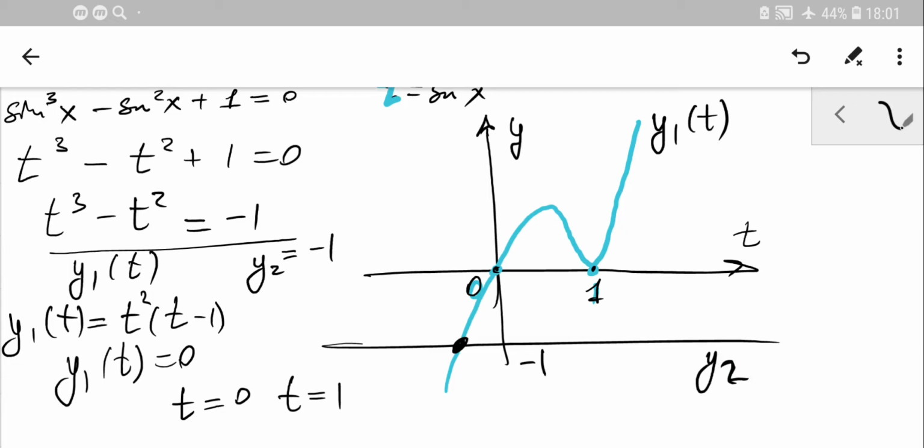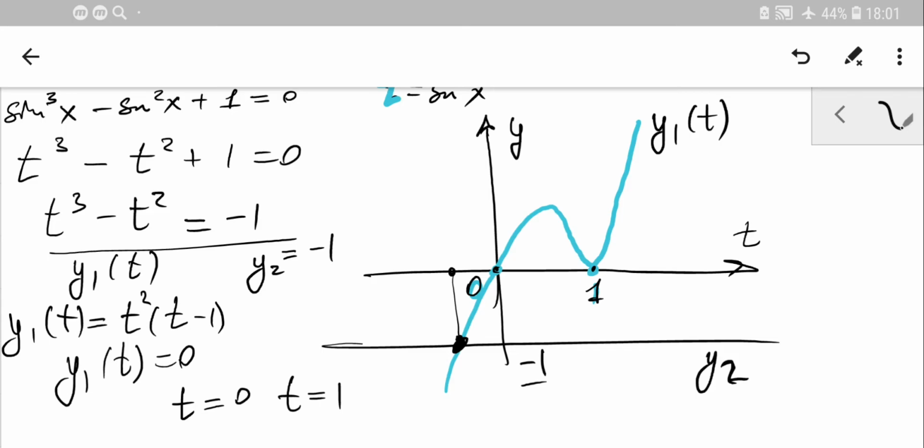In this case it's much easier. In type A we had to estimate the local maximum and turning points to judge the number of solutions. Here we don't need to, because it's clearly seen that there is one point of intersection.